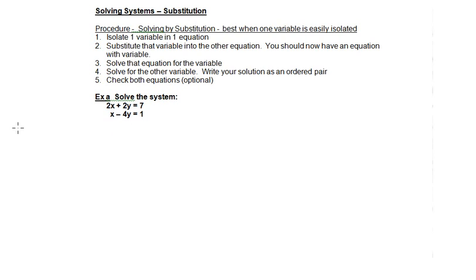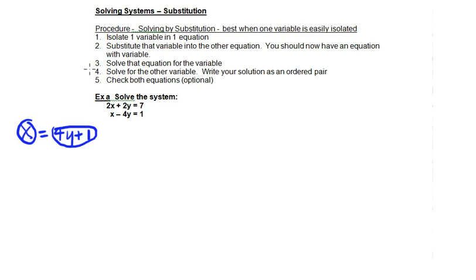So we're going to go ahead and solve for x. We've got x is equal to, and then adding 4y to both sides, we end up with positive 4y on the right, and then plus 1. Now that allows us to use this expression of 4y plus 1 as a substitute for the x.